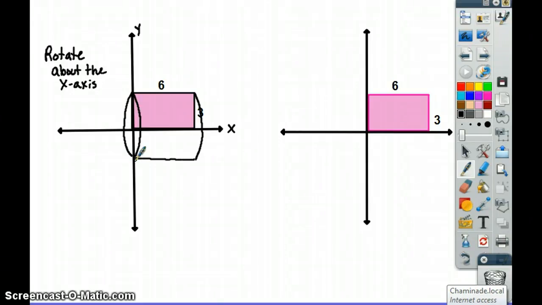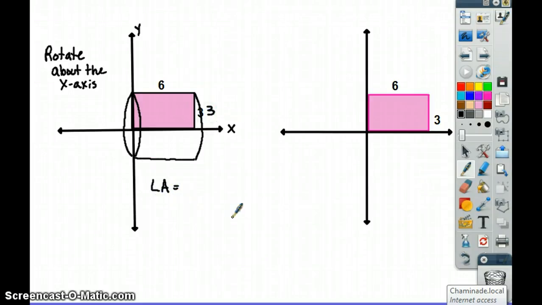So imagine the rectangle, hold it down right here on the x-axis, and it spins around there. The rest of it's free to spin around. It would spin across and down to the bottom underneath the x-axis, and then back in front of the x-axis, and then back to where it started, creating the shape that looks like a cylinder. Let's look at the lateral area of the cylinder. This 3 got a little erased there.